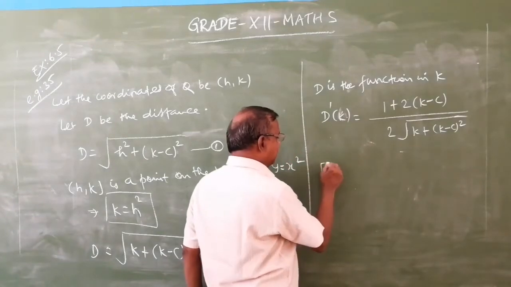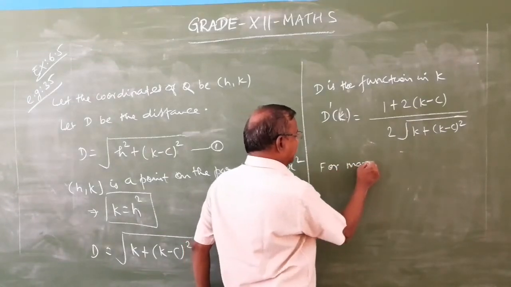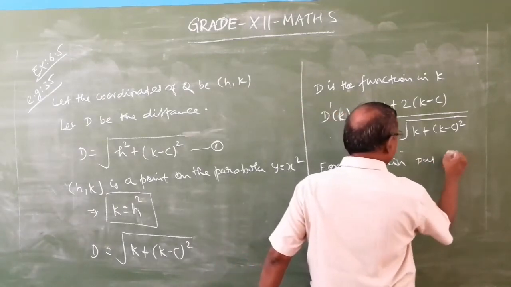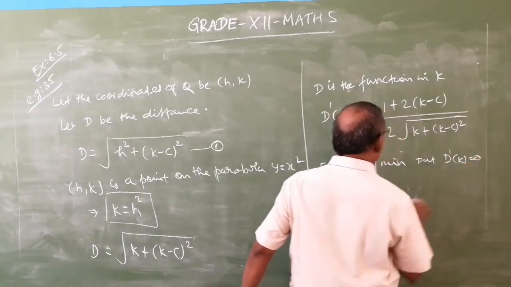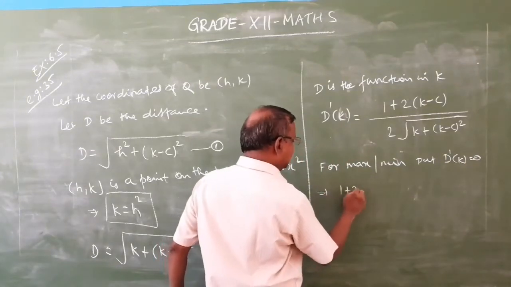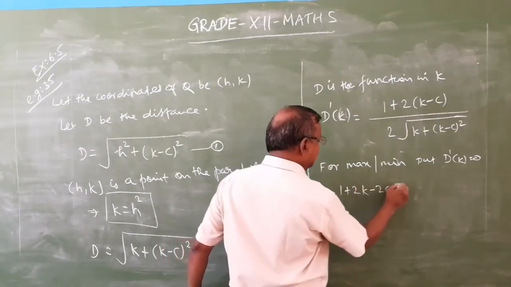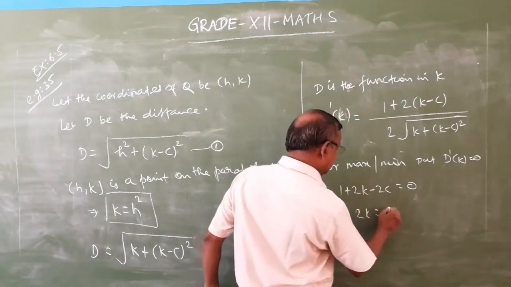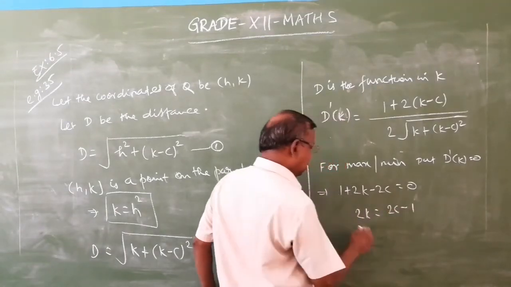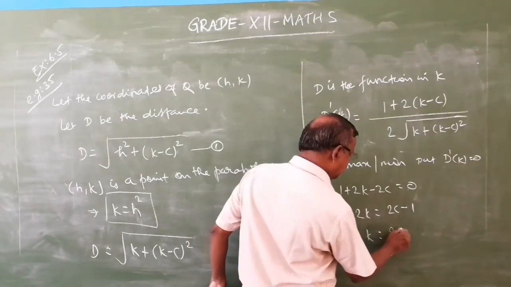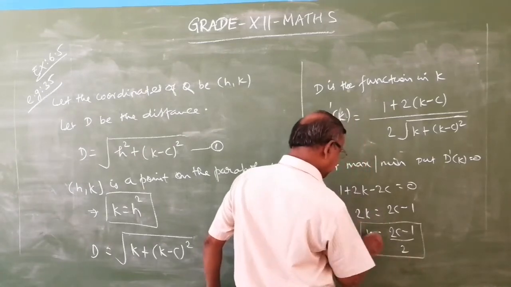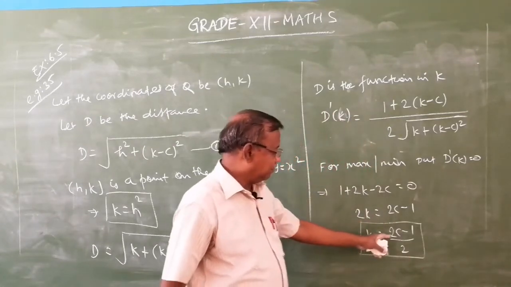For maximum or minimum, put d dash of k equal to 0, which gives 1 plus 2k minus 2c equal to 0, or 2k equal to 2c minus 1, and k equal to (2c minus 1) divided by 2. So we have converted k in terms of 2c minus 1.